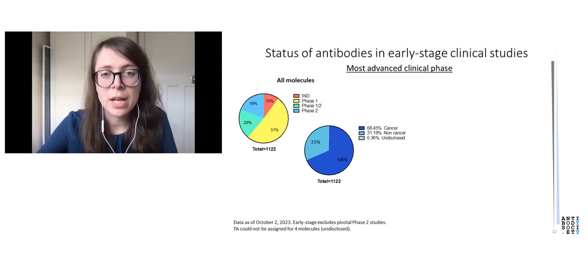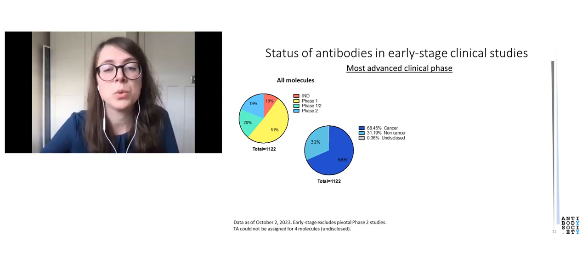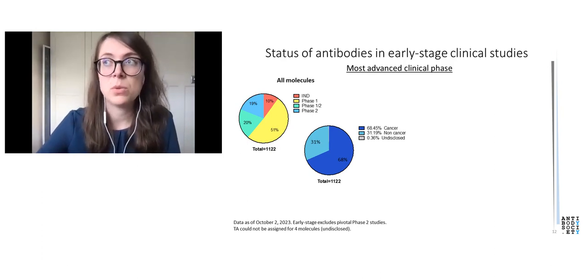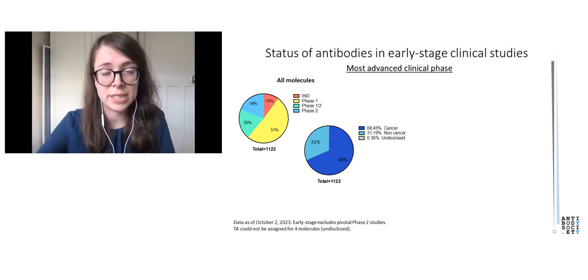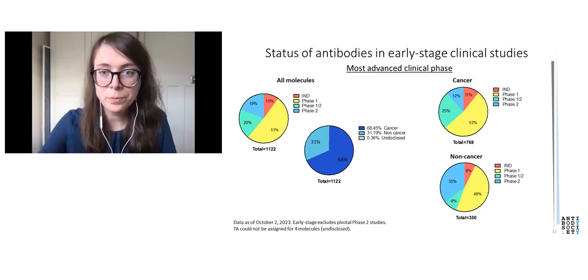Also of note here, we have 4 molecules for which we couldn't assign a therapeutic area, and this is because these are molecules at IND stage, and sometimes companies do not release the therapeutic area at this stage. So we had to exclude them from our analysis.